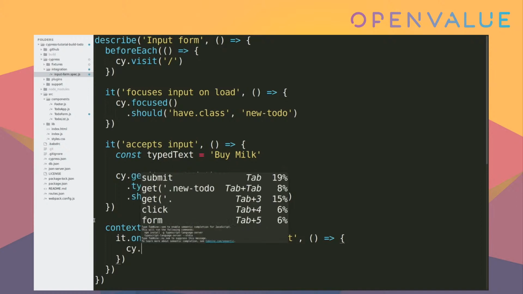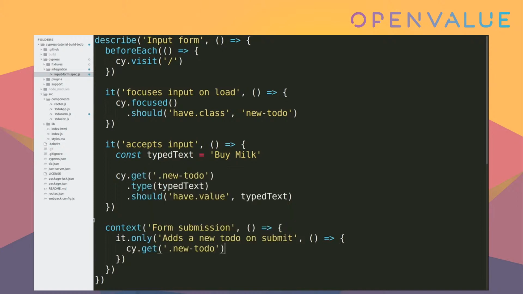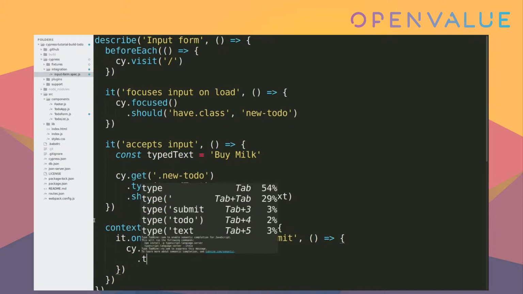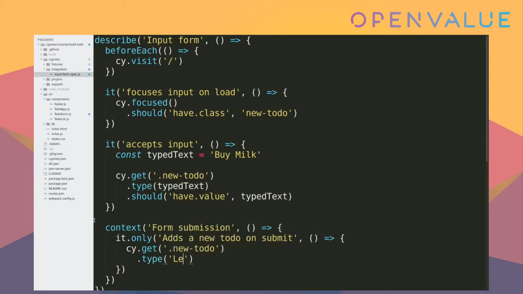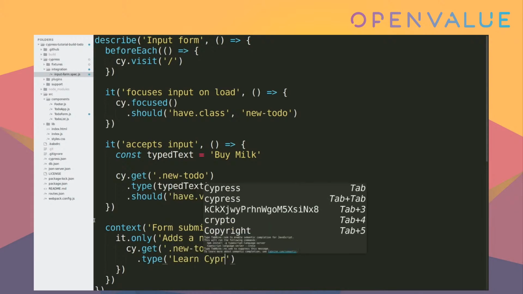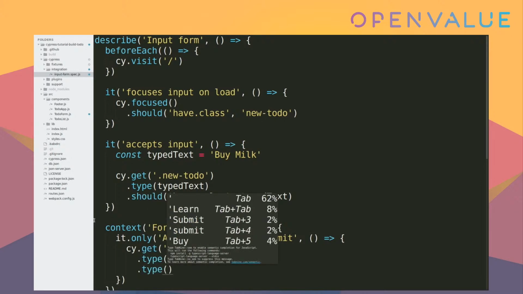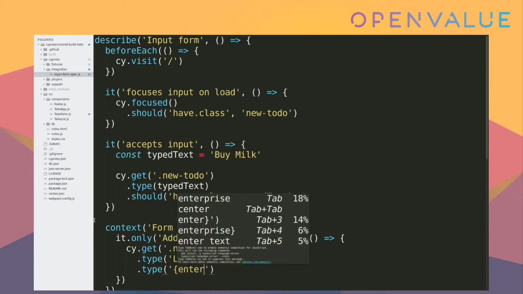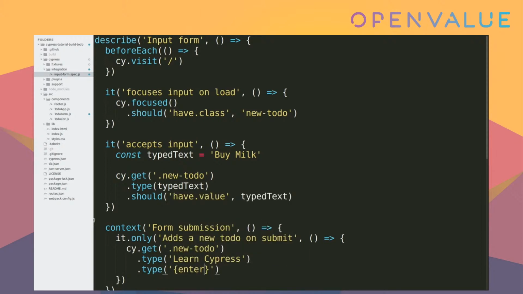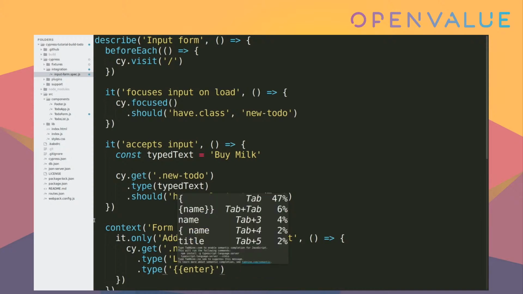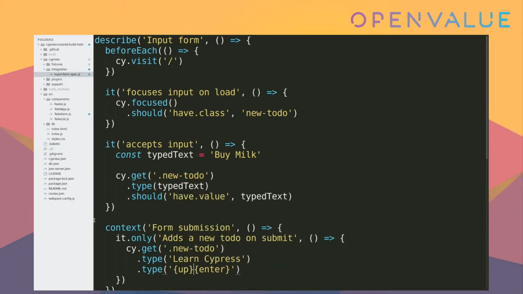So we get the element again, and we type some text. And then we're going to press the enter key, and there are some magic strings you can use for pressing the up key or any other non-printable key.